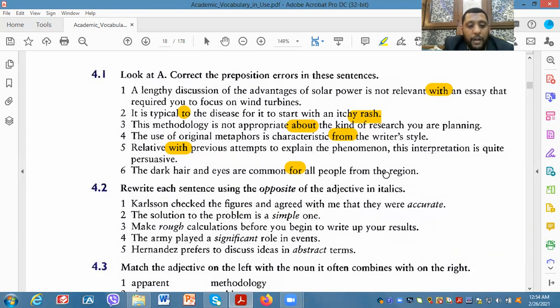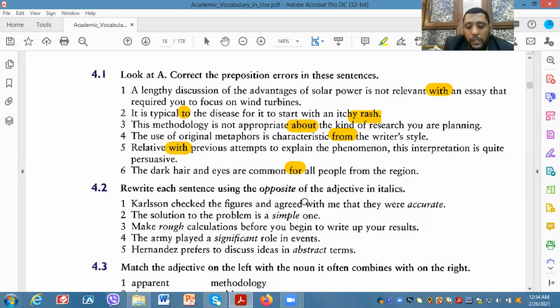4.2, rewrite each sentence using the opposite of the adjective in italics. Okay, so we need to rewrite each sentence by using the opposite of the adjective in italics.